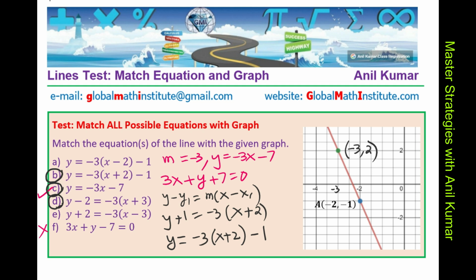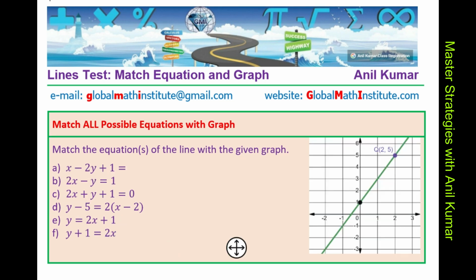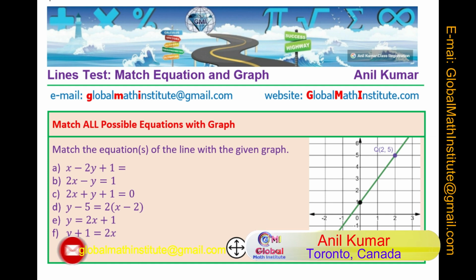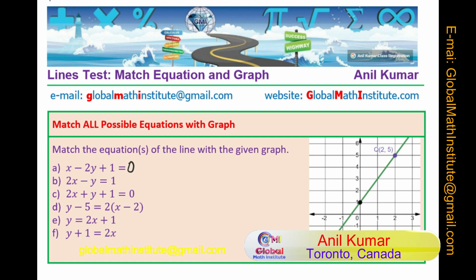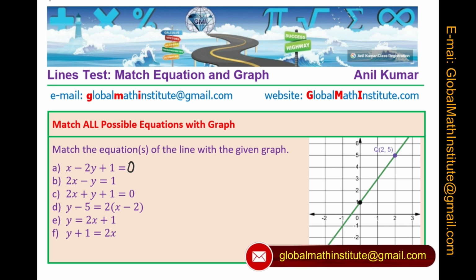Now for your practice, here is another question for you. Now in this case, we are given a line which is having a y-intercept of 1 and q is 2, 5. I'd like you to figure out which are the correct equations relating to the given graph. This is a very important test question for GCSE students. So I hope you learned a lot from here.